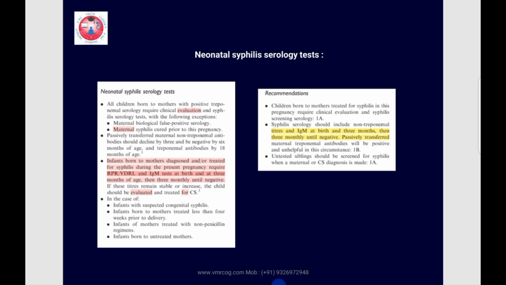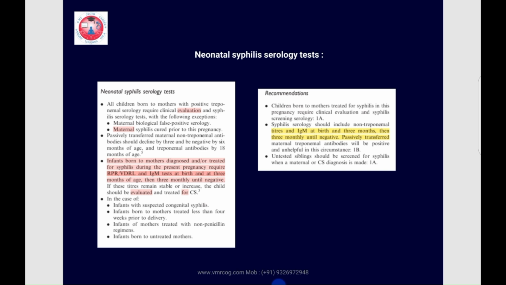So what we have to do, if there is a history of treatment of the mother during this particular pregnancy, we will carry out RPR and VDRL test on the neonate sample, not on the cord blood. We will also do the IgM test at birth and repeat at 3 months of age, and after that 3 monthly till it is negative.